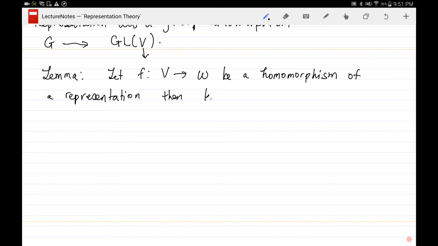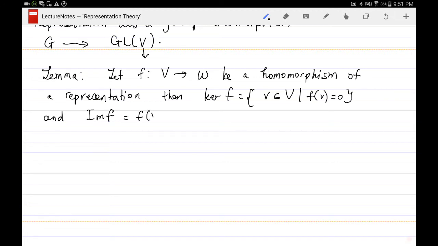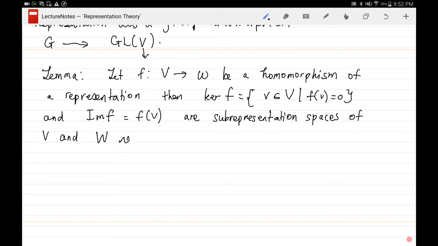Then the kernel of F, which is the set of vectors in V such that F acting on V is 0, and the image of the homomorphism are sub-representation spaces, I should say, sub-representation spaces of V and W, respectively.